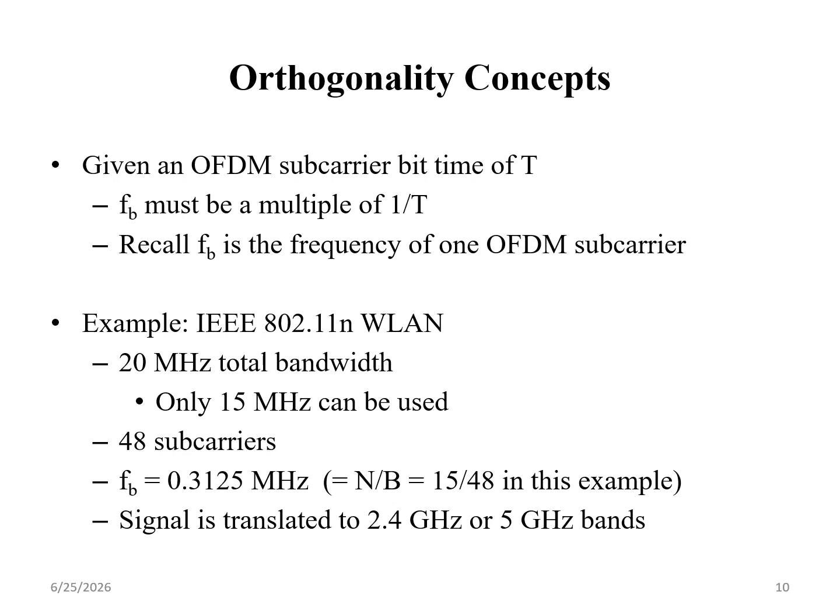So you will be getting 0.3125 megahertz. This signal is translated to 2.4 gigahertz or 5 gigahertz bandwidth. In this way they will be calculating FB. FB is equal to N divided by B, N 15 and B 48.